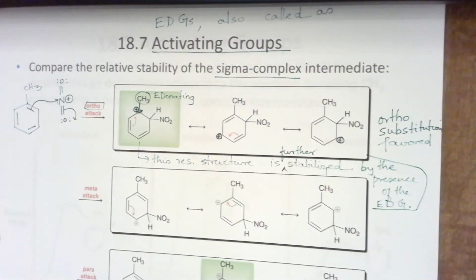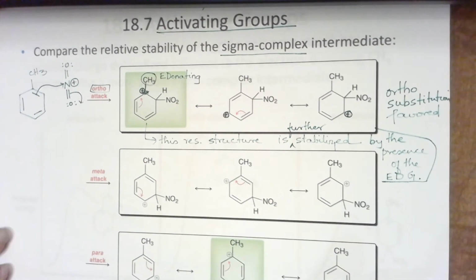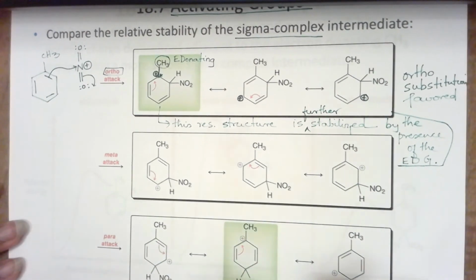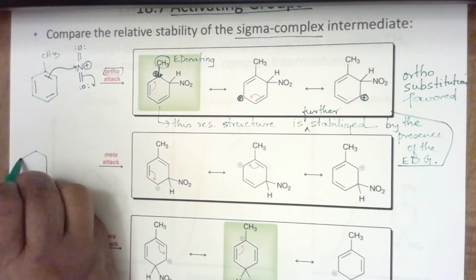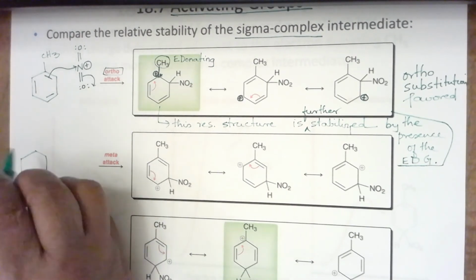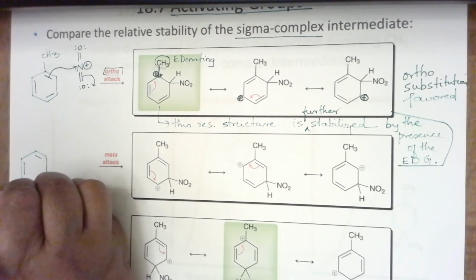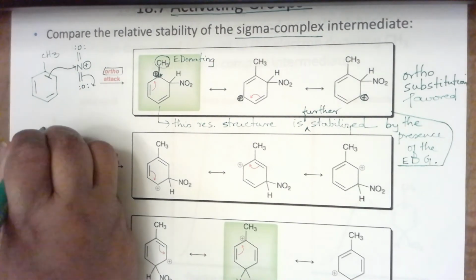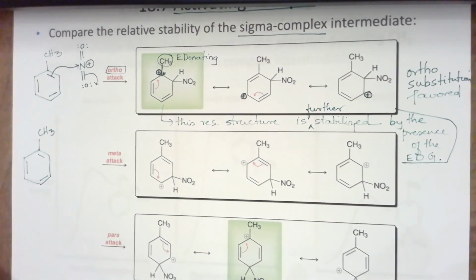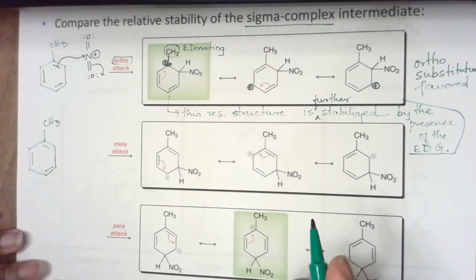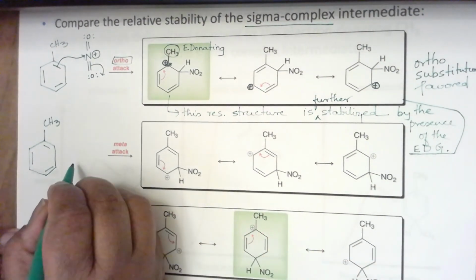Let's look at what happens at the meta position. Okay, so let's learn how to draw these, because you should be able to draw these. I'm going to draw it like before, fixing the double bonds. Now you want the same nitro group to attack the meta position.